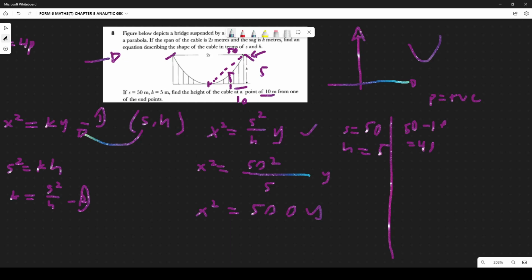And we want to find when 40 squared equals 500 y. So y equals 1,600 over 500, which simplifies to 16 over 5. I think 16 over 5 is around 3.2.